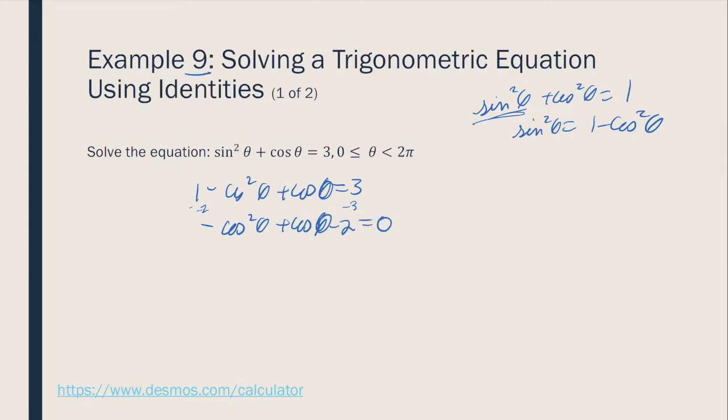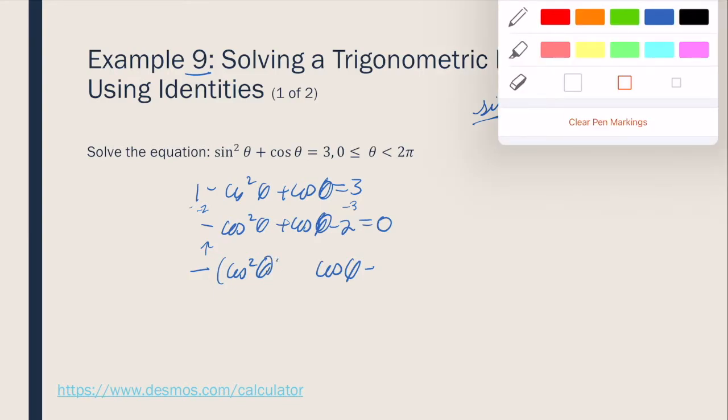But I have a negative leading coefficient, so I want to pull that out. So I have negative cosine squared theta plus cosine of theta, sorry, minus cosine of theta. Now it's a minus cosine of theta plus 2 equals 0.